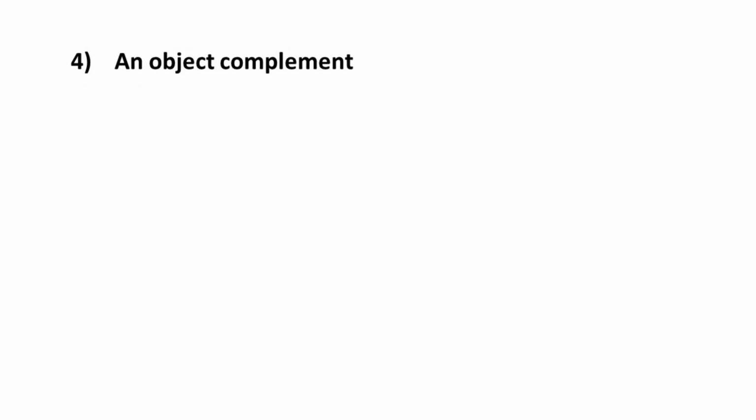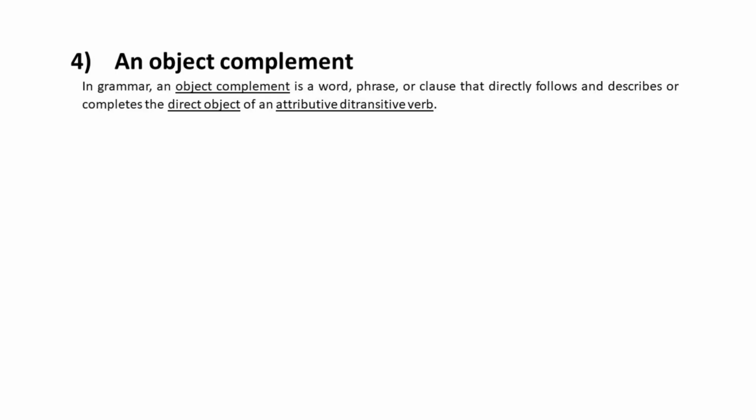A noun clause as an object complement. In grammar, an object complement is a word, phrase, or clause that directly follows and describes or completes the direct object of an attributive transitive verb. For example, you may call your husband whatever you wish. You is the subject of the sentence. May call is the verb.